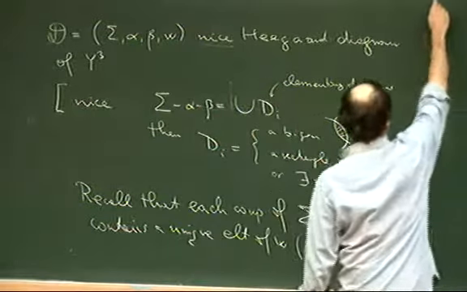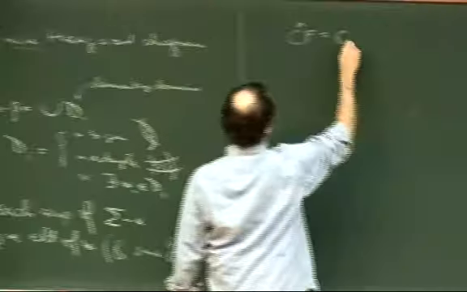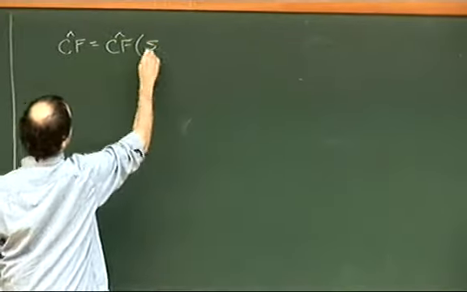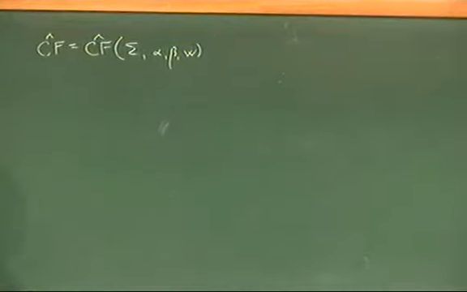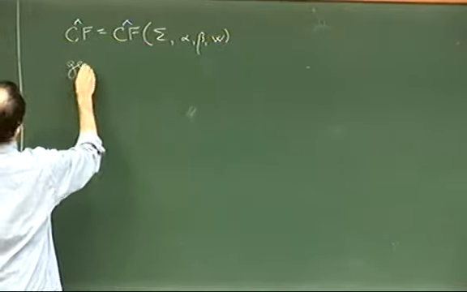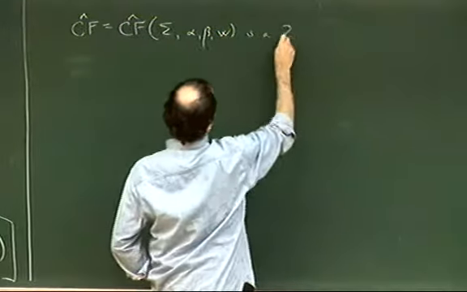So the chain complex CF hat, which depends on the actual diagram, is a Z2 vector space.